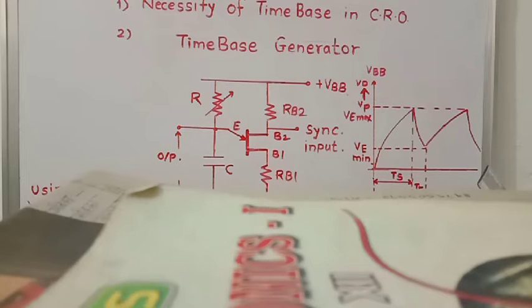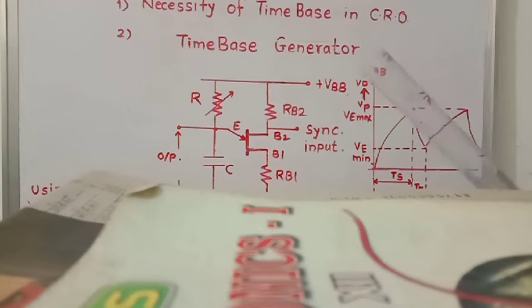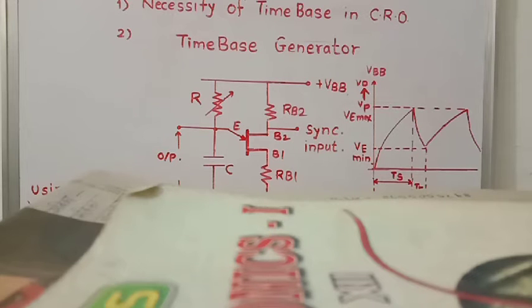So to produce this vertical input signal waveform on the CRT screen, horizontal deflection voltages are necessary, and these horizontal deflection voltages sweep the CRT spot horizontally across the screen.